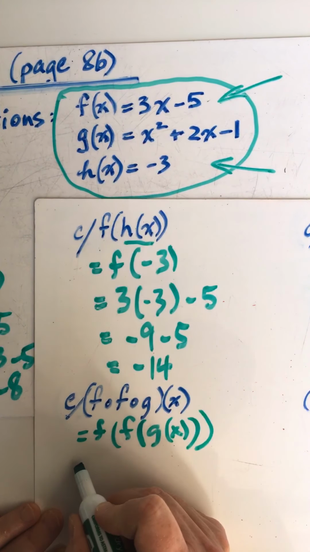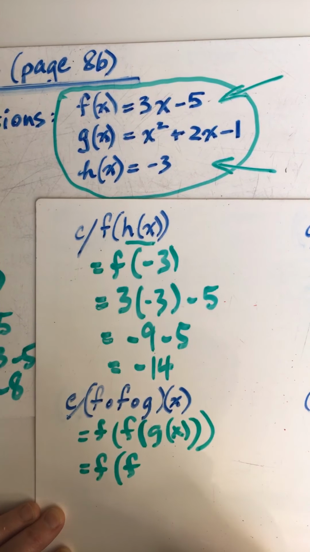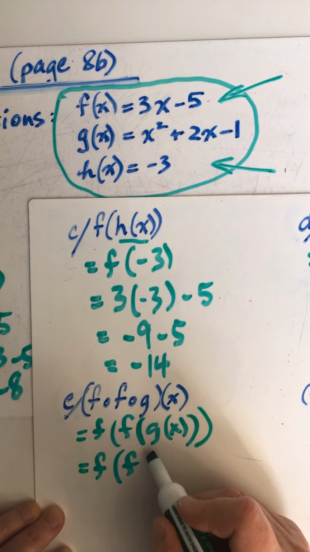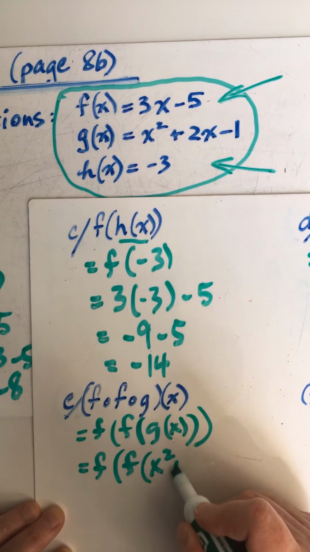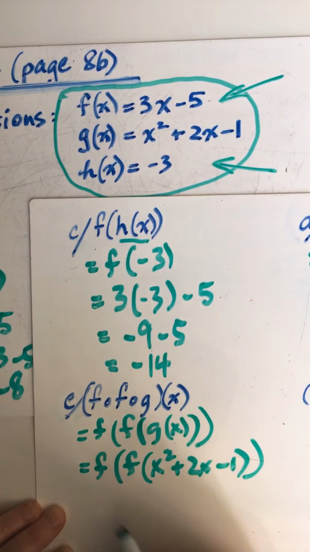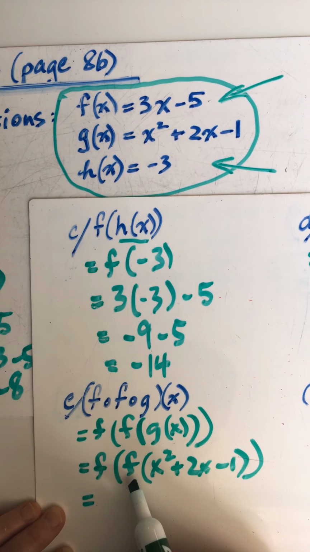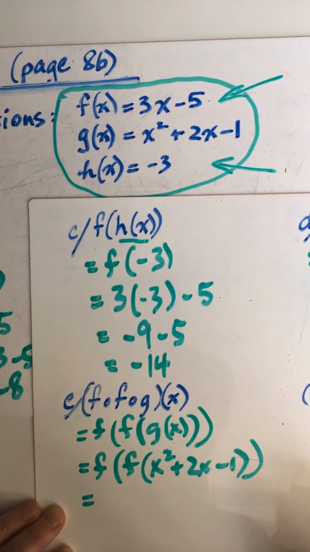So f of g of x, which is defined as x squared plus 2x, subtract 1. Now we need to put this in the f function. The f function is 3x, subtract 5.